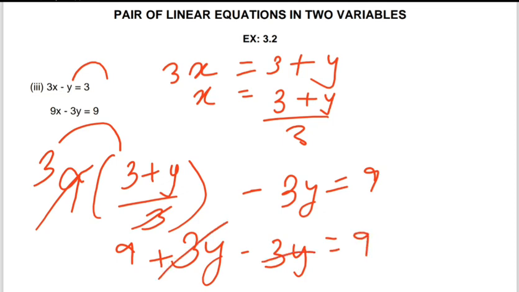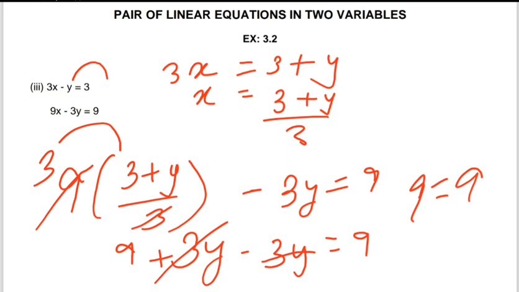So 3y and 3y will be cancelled, 9 is equal to 9. So we got the answer as 9 is equal to 9. This means that the pair of linear equations has infinitely many solutions. That is, the pair of equations are coincident.